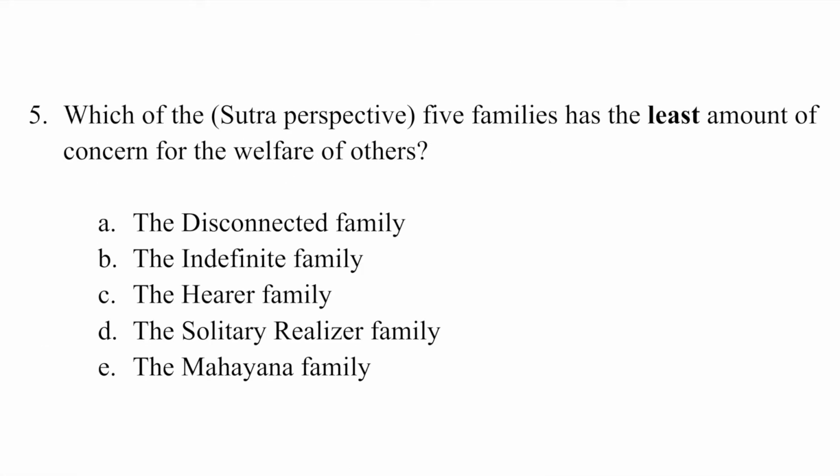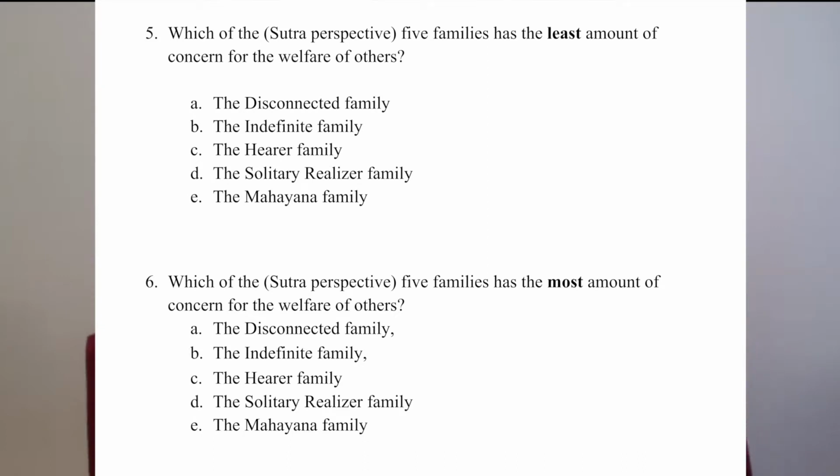Five, which of the sutra perspective 5 families has the least amount of concern for the welfare of others? The least amount of concern. Disconnected family, the indefinite family, the hearer family, the solitary realizer family, or the Mahayana family? 6. Which of the sutra perspective 5 families has the most amount of concern for the welfare of others?